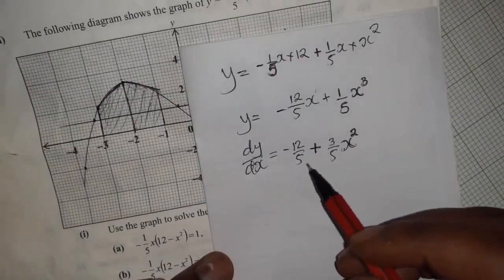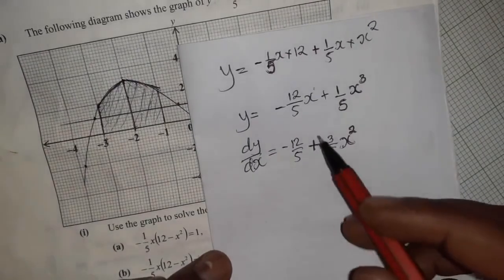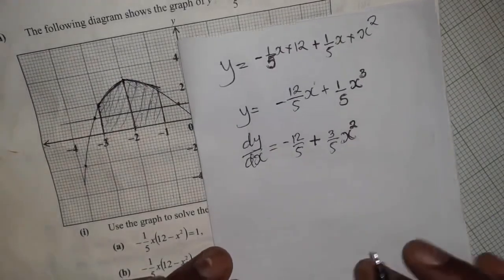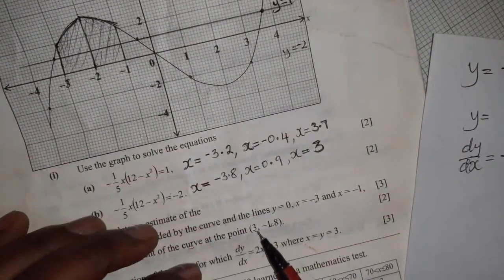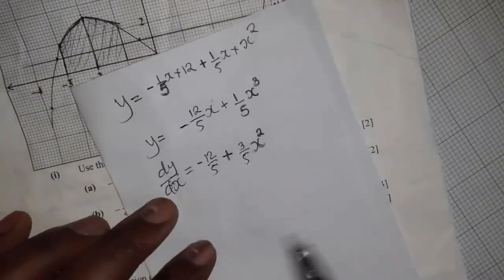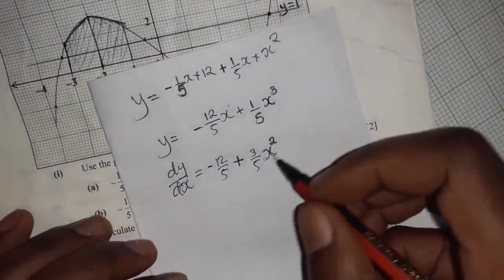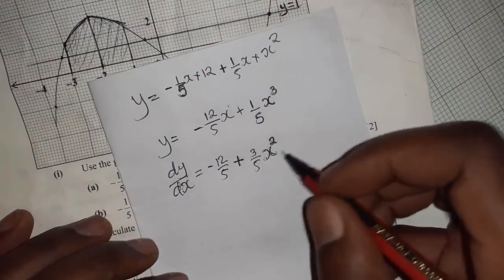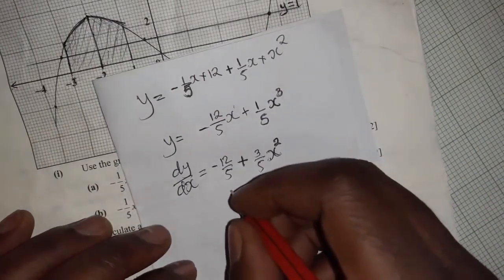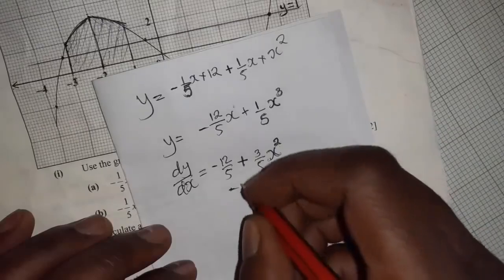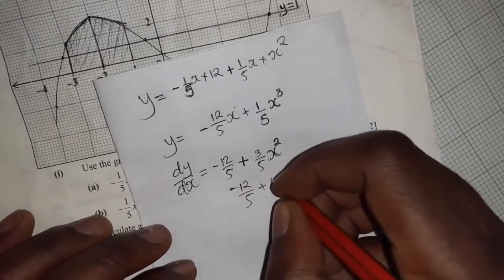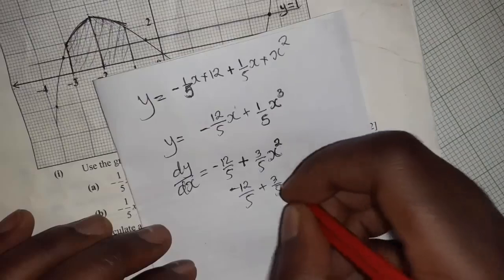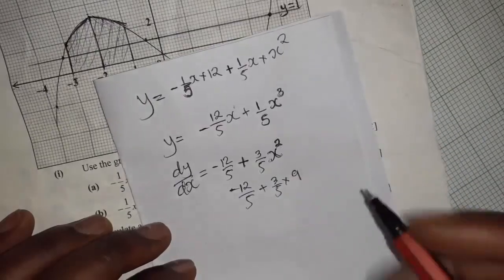Then at this point now in the derivative here, which is the gradient function, we have been given that the x coordinate is 3. So we put 3 where there is x. We're going to have -12 over 5 plus 3 over 5 multiplied by 9.